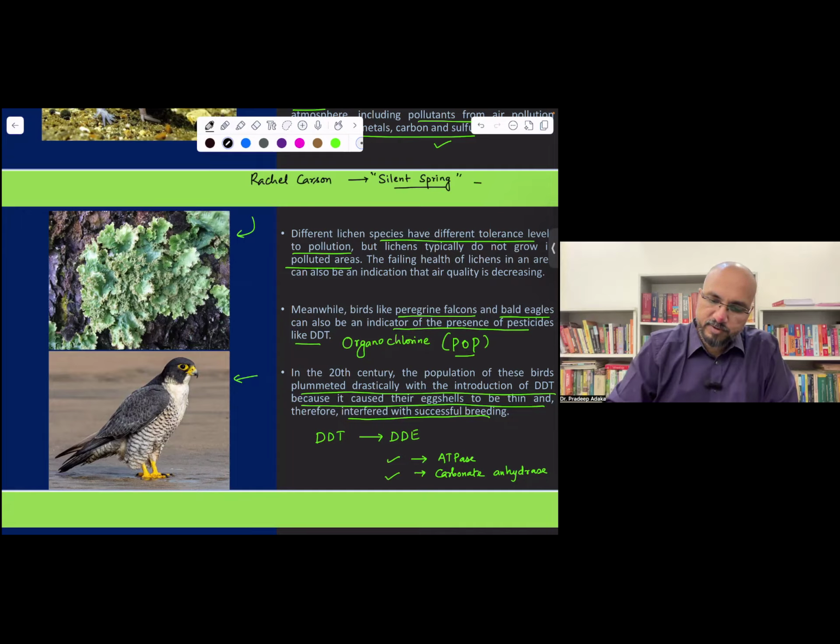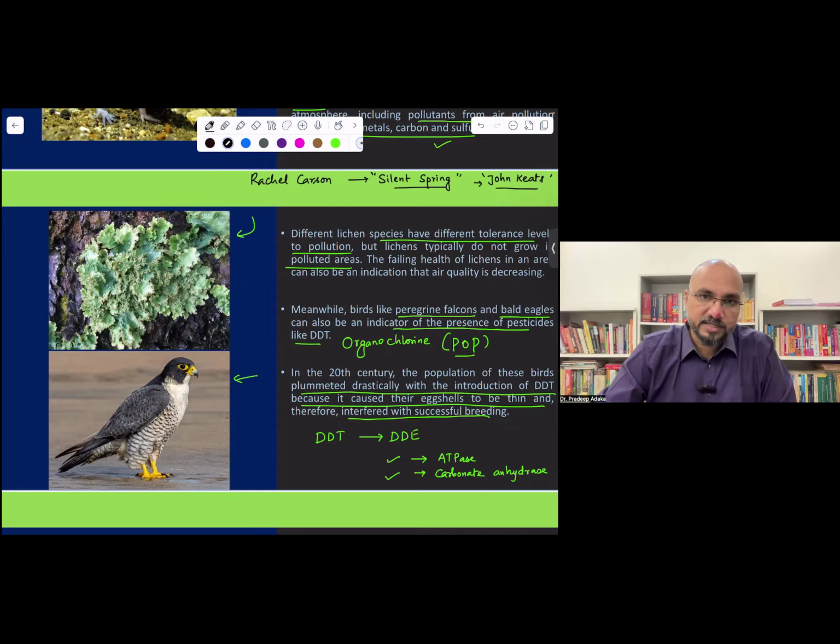So Rachel Carson gave the name Silent Spring. She was inspired by a poem from John Keats. Here in this poem, he is referring to a very sad situation, or you can say a very bleak future, a very dark future, where no birds will sing.